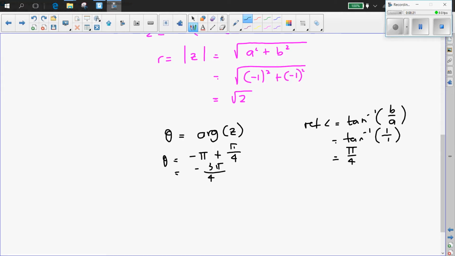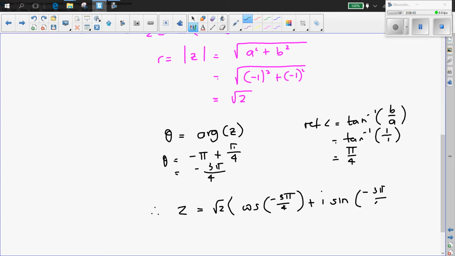So we have all the information. We can now write it in the modulus argument form. We get z equals the square root of 2 into cos of minus 3 pi over 4 plus i sine of minus 3 pi over 4.